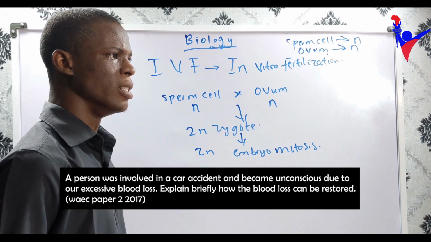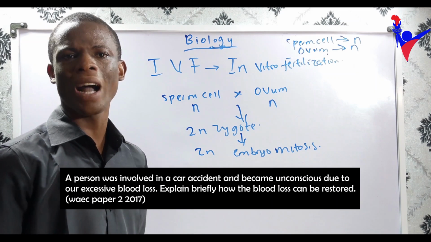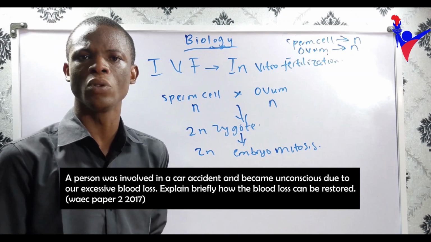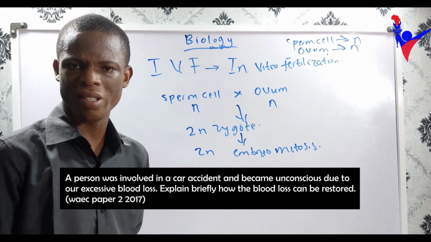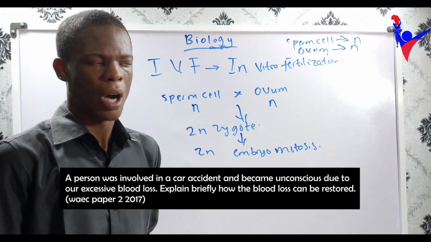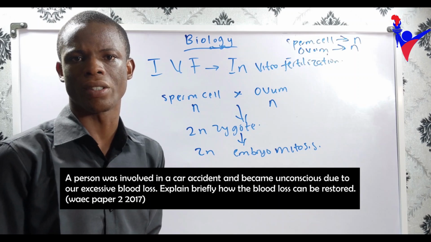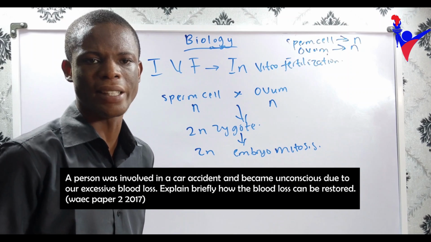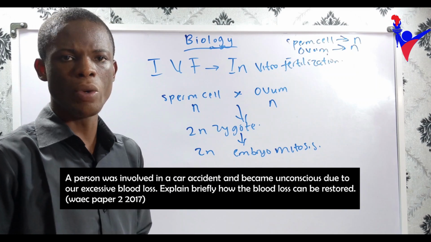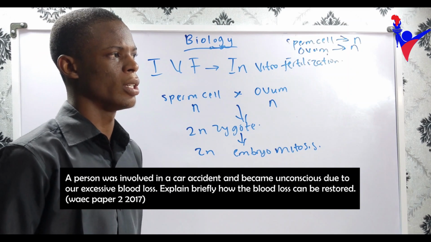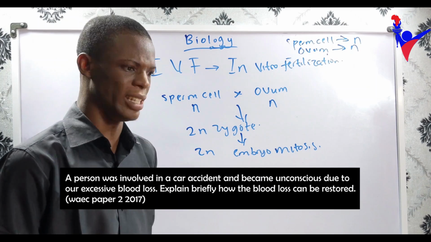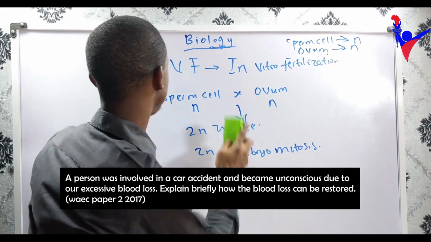Imagine you are a witness of a fatal accident that has just happened in front of you, and the person is unconscious as a result of excessive blood loss. What is it as a biology student that you can do to help restore blood loss in that critical condition? So how do you go about this? I rub the board.